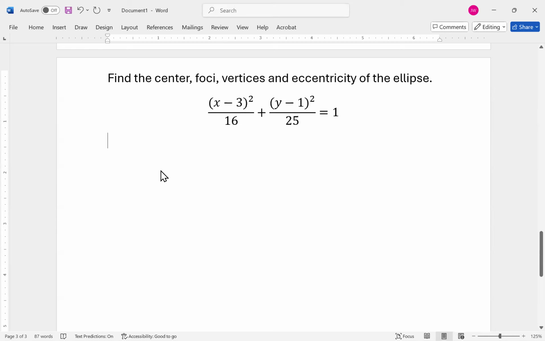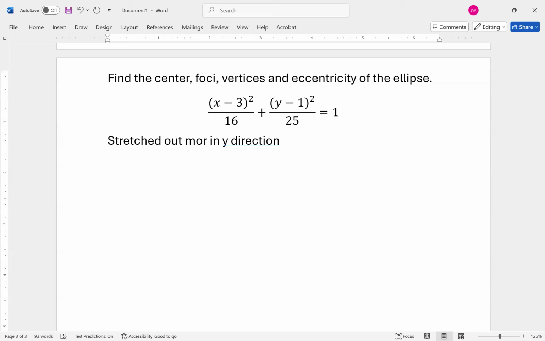Okay, so the first thing I want to do is make sure I'm aware that this ellipse is stretched out more in the y direction because we have the bigger number in our denominator underneath the y squared part, in particular y minus 1. So that means the major axis is going to be the one in the y direction.